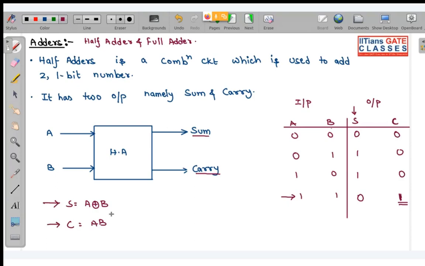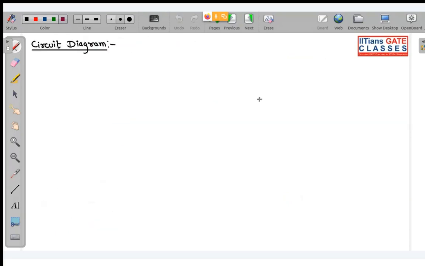Okay, fine. So now look very carefully. We have your sum and carry. Now let us try to make the circuit diagram. So what did we get? Sum is equal to A XOR B and carry is equal to A dot B. Okay.